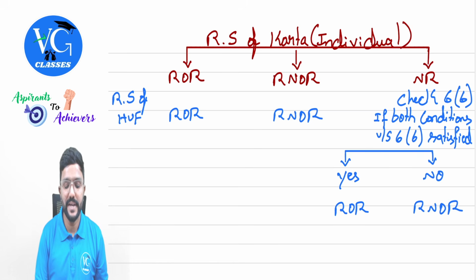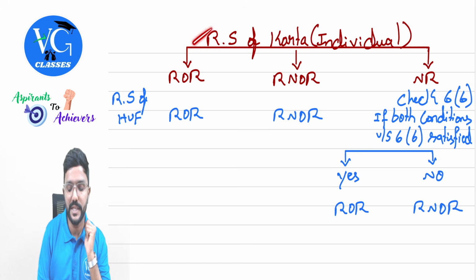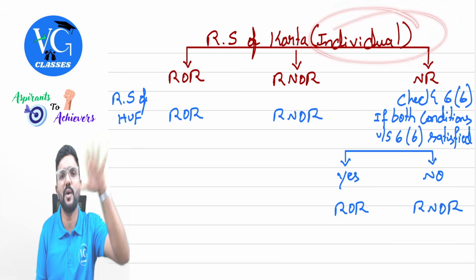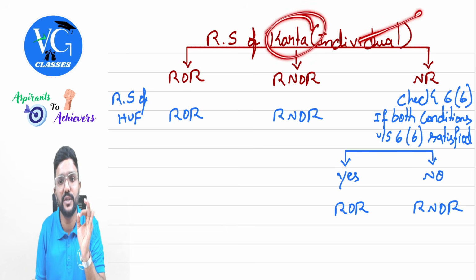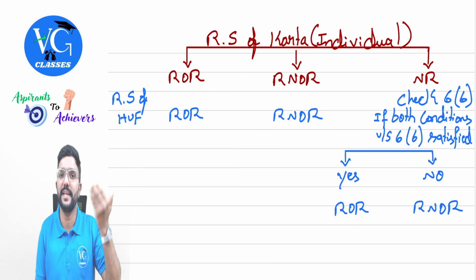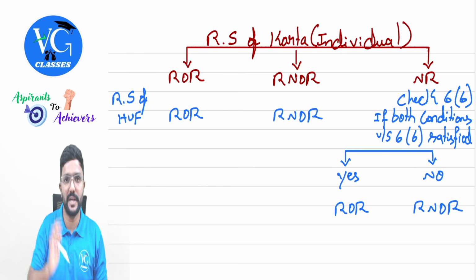So now we are deciding the residential status of HUF. Now residential status of Karta also should be decided. In his individual capacity, we would have already decided. For the residential status of Karta in his individual capacity, which sections should be checked? Section 6.1, then 6.6. If not satisfied, then we can check even section 6.1a. Got it? Yes, that is in individual capacity.